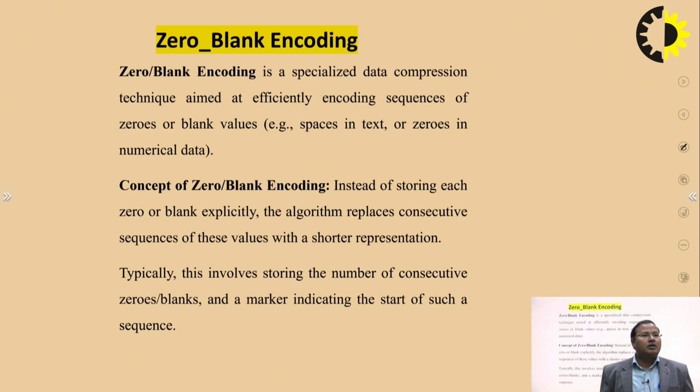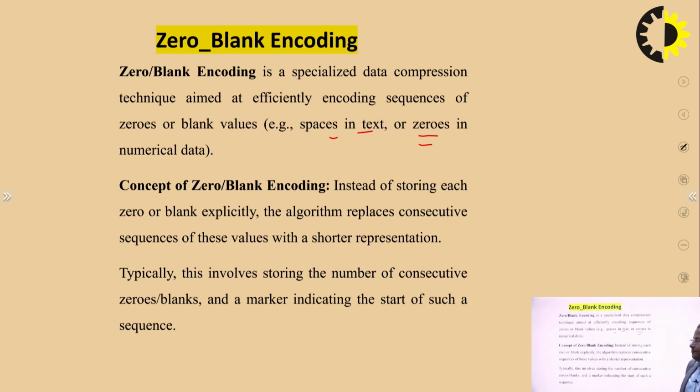Now another lossless compression technique is zero blank encoding. It is a specialized data compression technique aimed at efficiently encoding sequences of zero or blank values. Spaces in text are zero. So if in text spaces are coming or zeros are coming, both are similar.